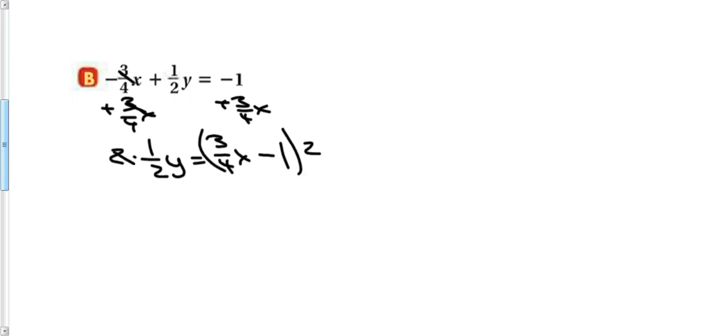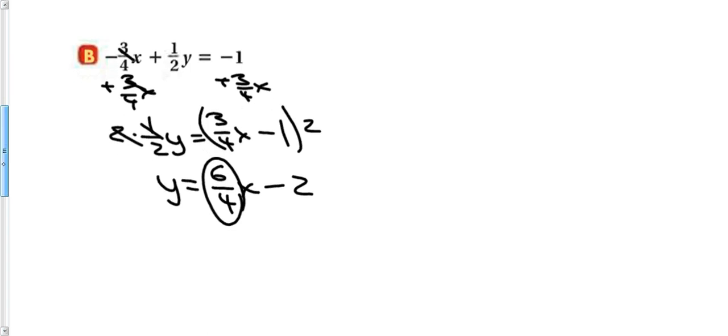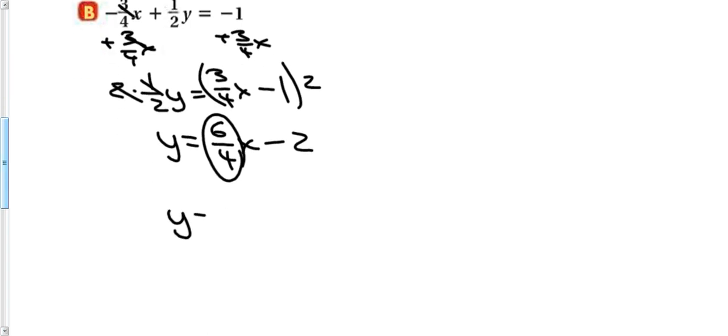So that cancels that, and I have y is equal to 2 times 3/4 gives me 6/4 x minus 2 when I multiply the 1 by 2. But of course, I want to reduce that and simplify it into y is equal to 6 over 4 is 3 over 2x minus 2.